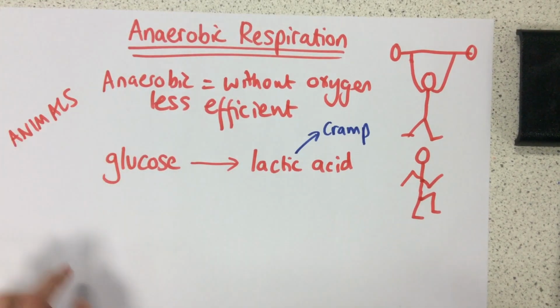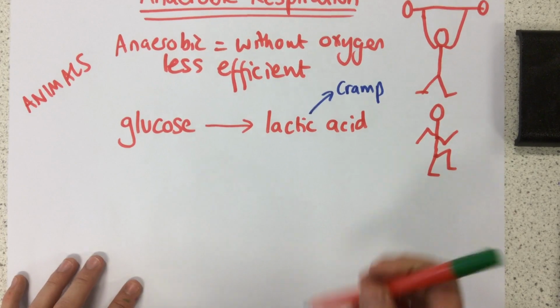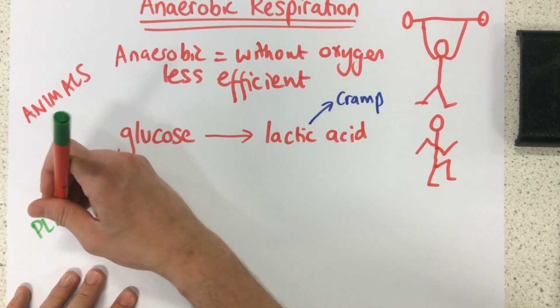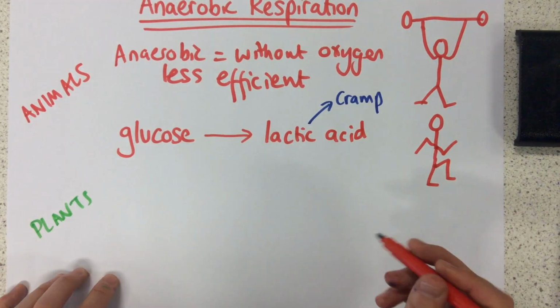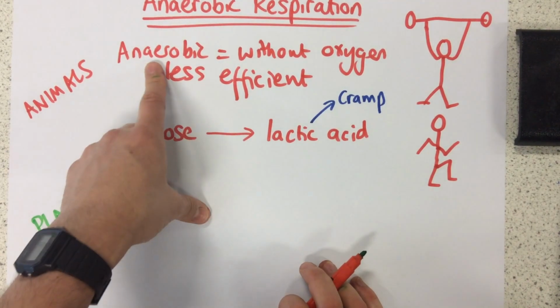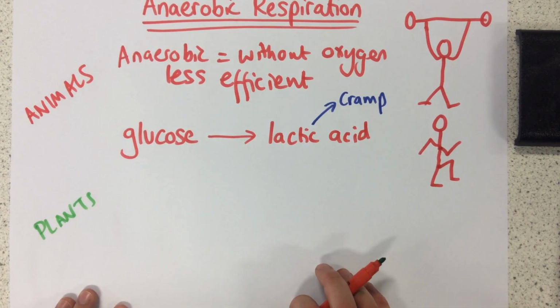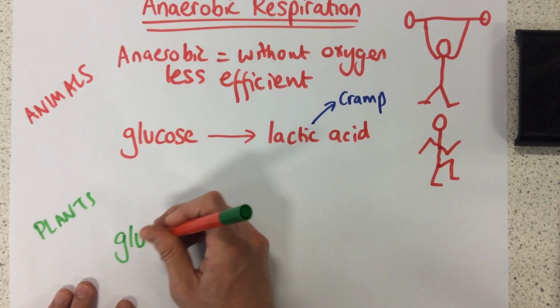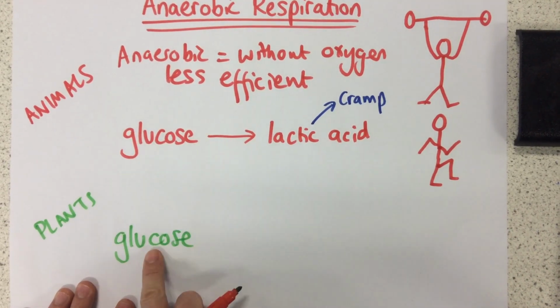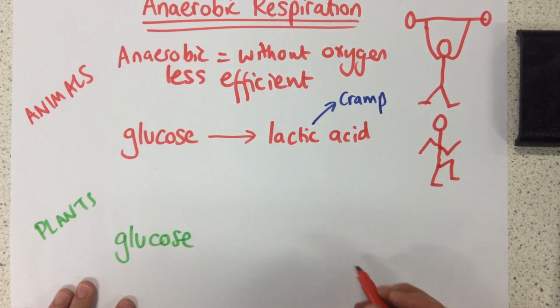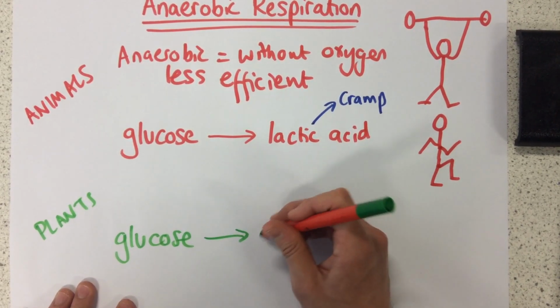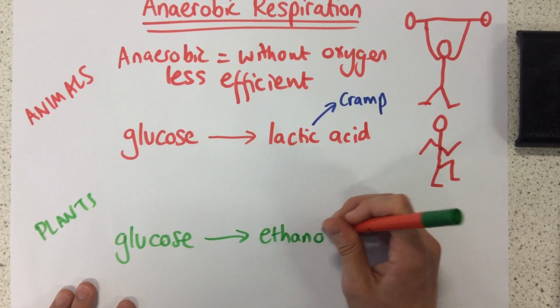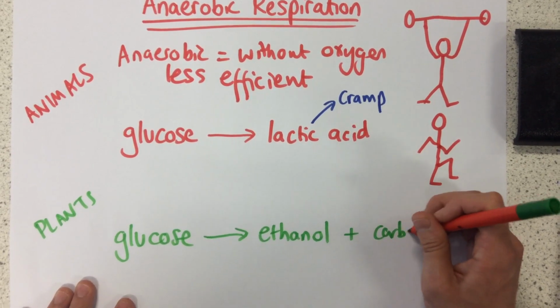However, it's not just animals that undergo anaerobic respiration. Plants can as well. Now in plants, anaerobic respiration, again, anaerobic means without oxygen. But this time, the equation's a bit different. Again, every single time, something all of these have in common is they always have glucose as a reactant. But this time, our products are ethanol and carbon dioxide.